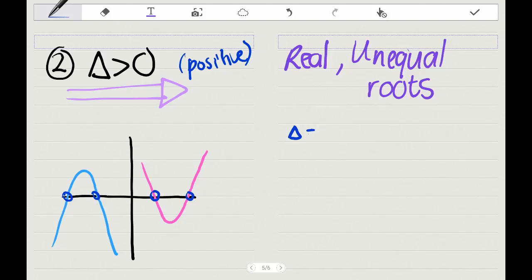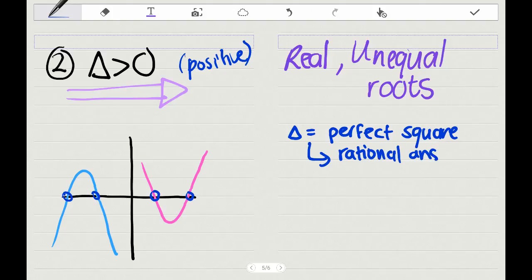So if delta is a perfect square, then we're going to have the square root of a perfect square, and that is going to give us a rational answer. Okay, so if delta is positive and a perfect square, we get rational, real, unequal roots.